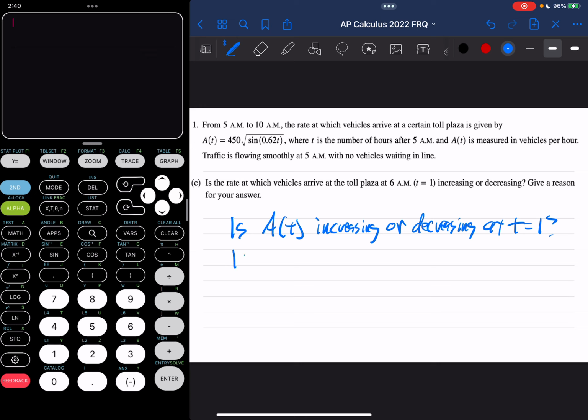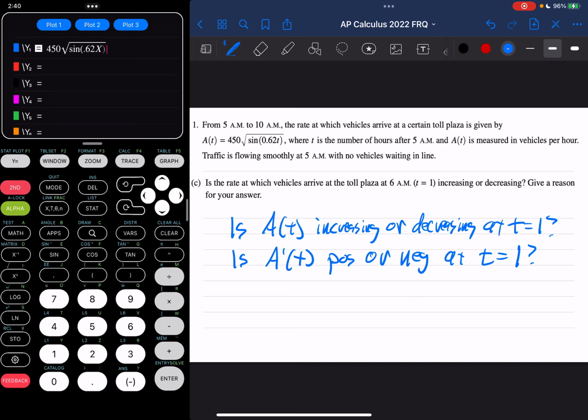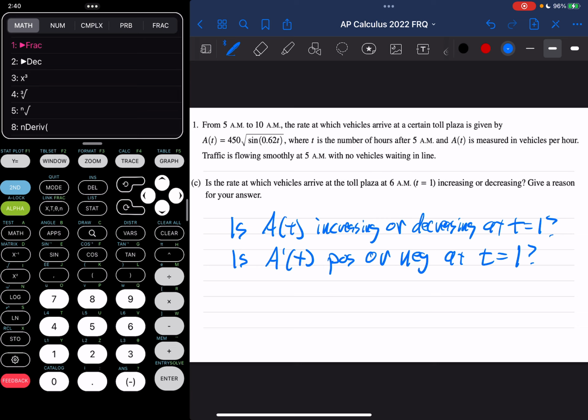A related question is, is A prime of t positive or negative at t equals 1? All right. Now we still have A of t stored in our calculator, so let's go down to 8. We're going to type in our function, and we're going to type in a value of 1.